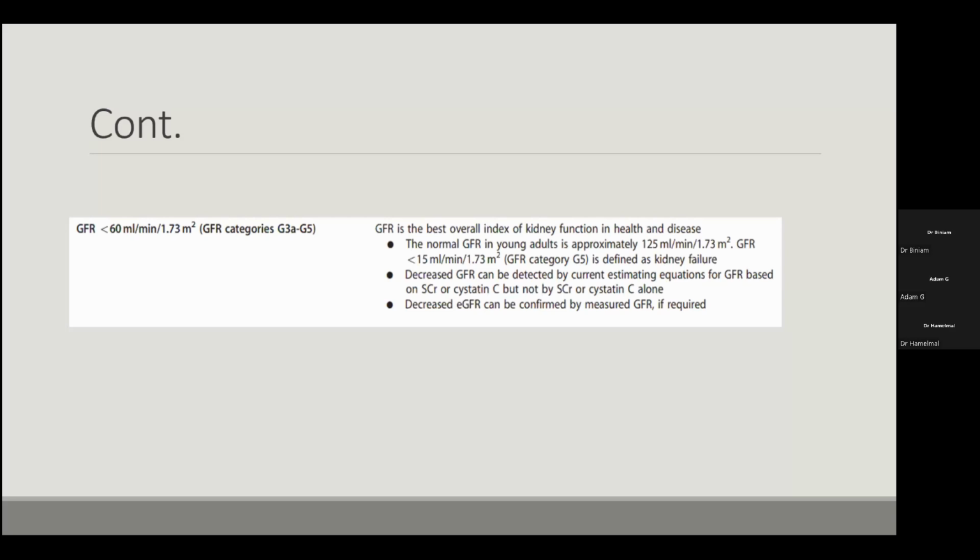Decreased GFR can be confirmed, for example, in kidney donors, where you need the exact amount of GFR. You can measure it, but that's a cumbersome process and we don't do it regularly. GFR is not the optimal measure, but it's the best we have so far, an overall index of kidney function, even though it doesn't directly tell us whether there are other abnormalities.